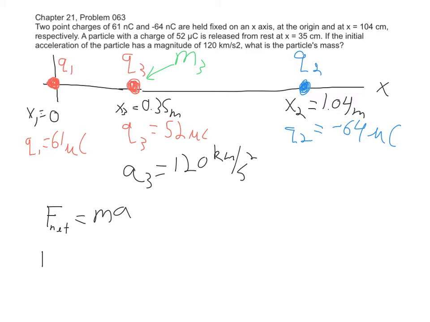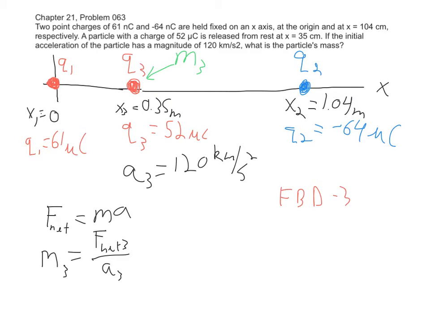So if we want to find the mass of this particle 3, it's going to be equal to the net force acting on particle 3 divided by the acceleration of particle 3. Okay, so if we can figure out what the net force is, then we should be good to go.